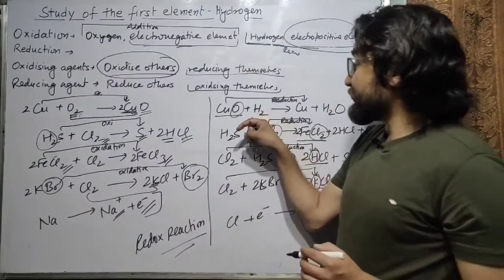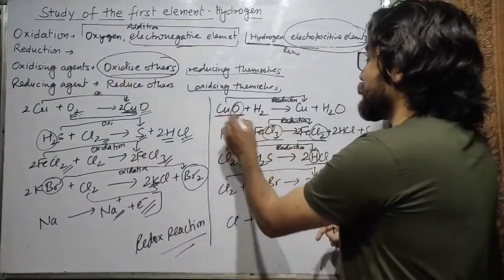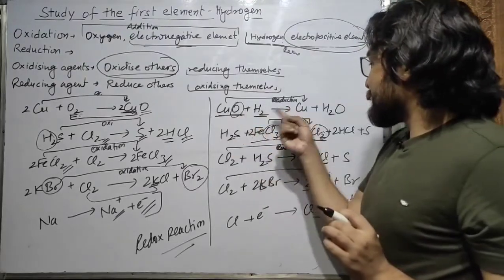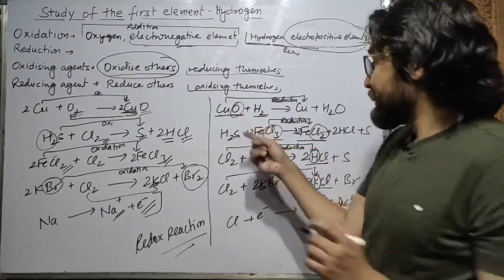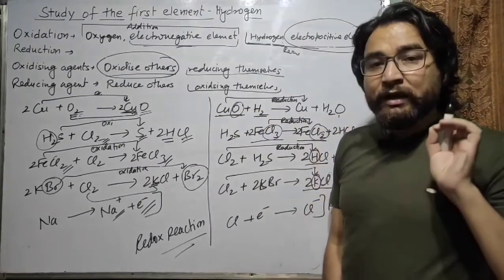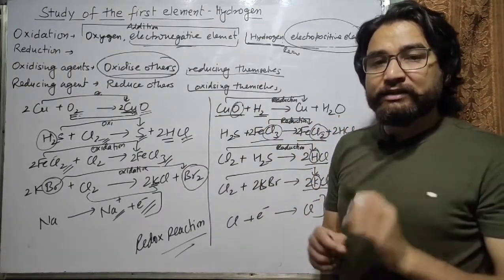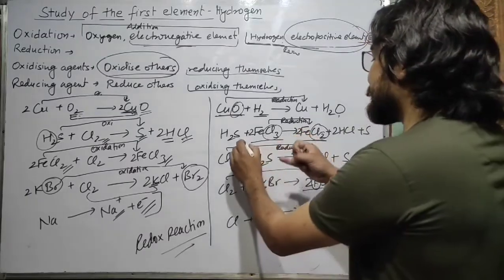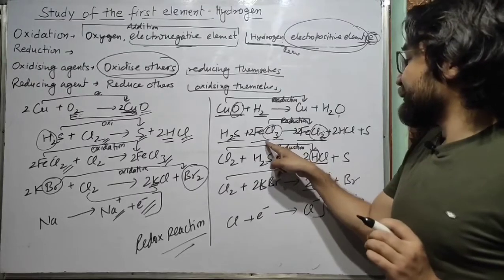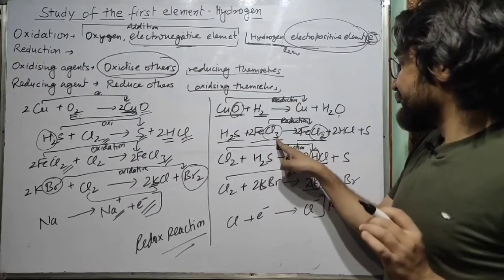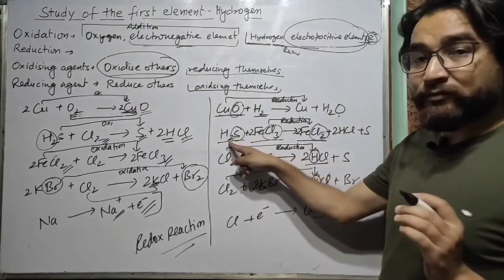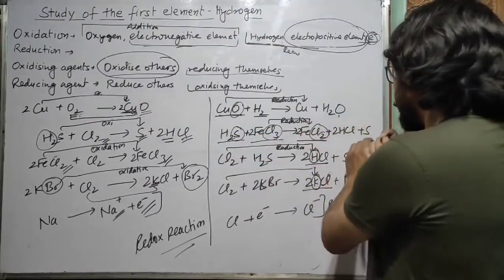Now here you can see that with CuO we have added H2. So reduction of copper, because oxygen has been removed, but this oxygen is added to hydrogen. So this is the oxidation of hydrogen, because addition of oxygen is oxidation. Similarly, in this there is reduction of FeCl3 because we have removed this Cl, but again we also have removed hydrogen from sulfur, so its oxidation will take place here.